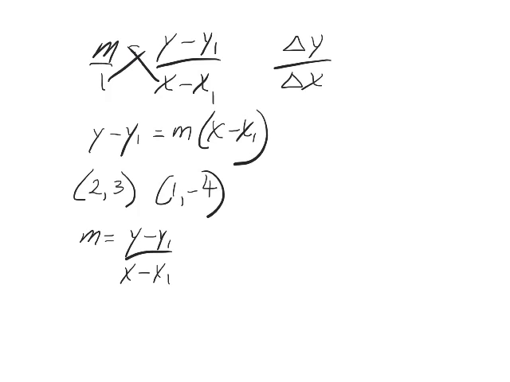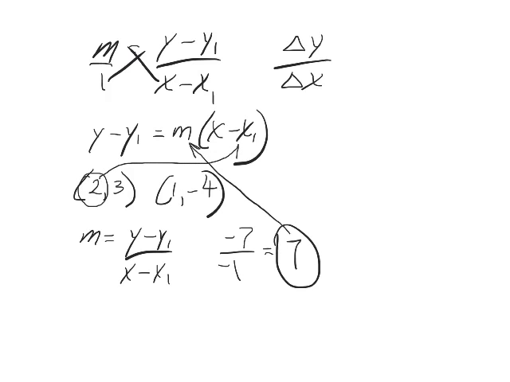So remember, we're looking for the slope and we're looking for the y-intercept. So when we do this, we get negative 4 minus 3, which is negative 7. And we get 1 minus 2, which is negative 1, which gives us a slope of positive 7. Okay. So given the slope, we're going to take that and plug it in right there. And we're also going to take our 2 and plug that 2 in right here.